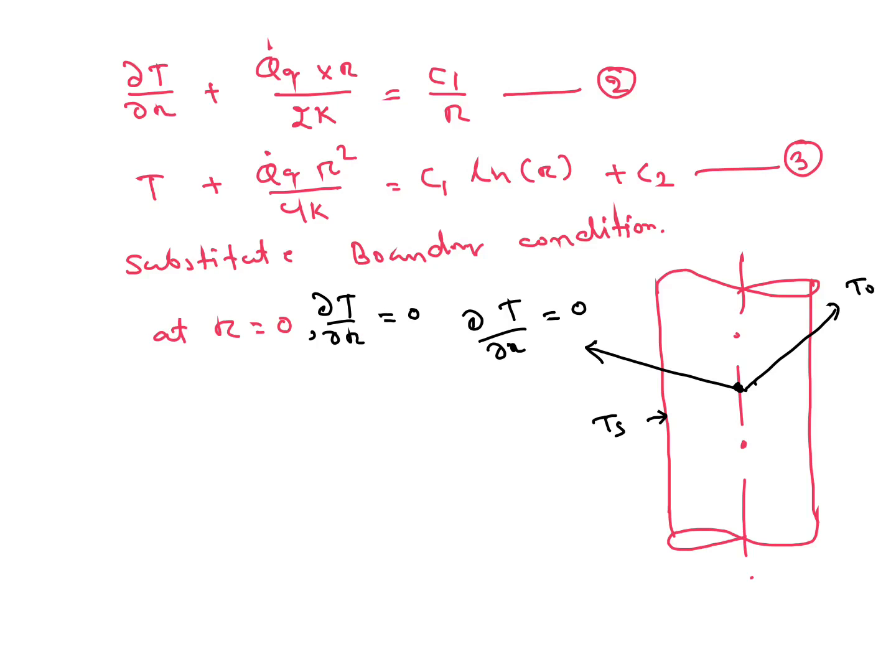If you put this boundary condition in equation 2, you will get 0 plus Qg into 0 divided by 2k equal to C1 by 0. So C1 equal to 0.